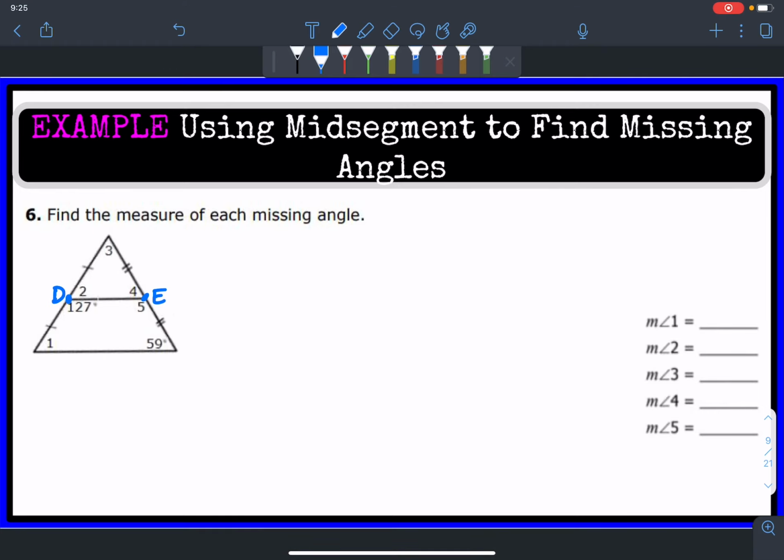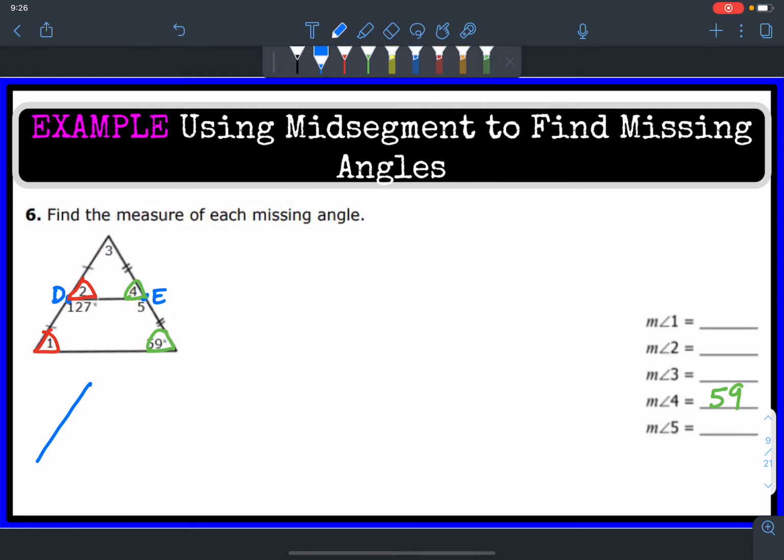So that means again that these angles, angle 2 and angle 1, are congruent, and that angle 4 and angle 59 are congruent. So if the bottom angle is 59, that means that angle 4 is 59. Now, the way we can figure out the measurement of angle 1 and 2 is by using, again, our linear pair. Let me draw it underneath here, but this here, between 127 and angle 2, is a linear pair.